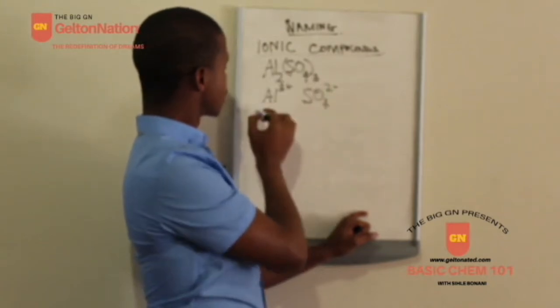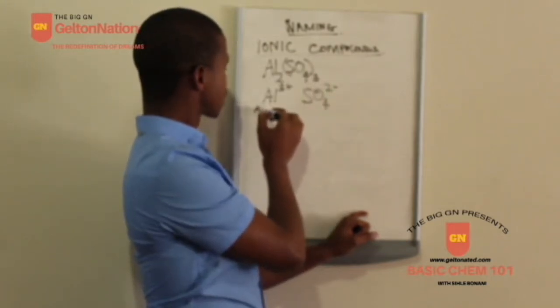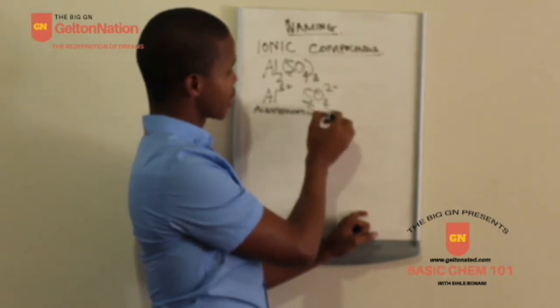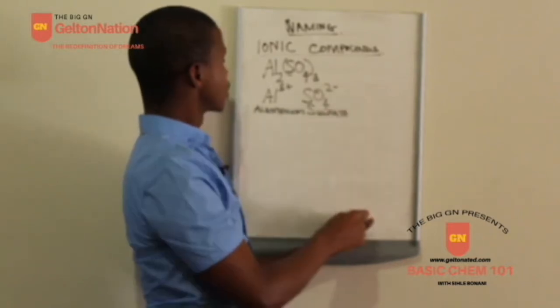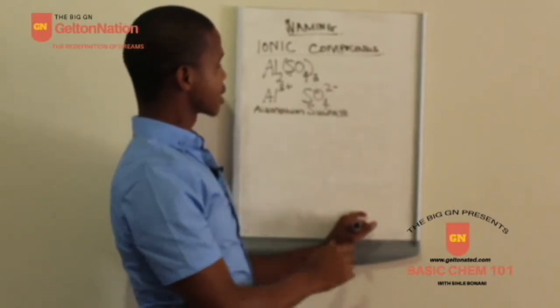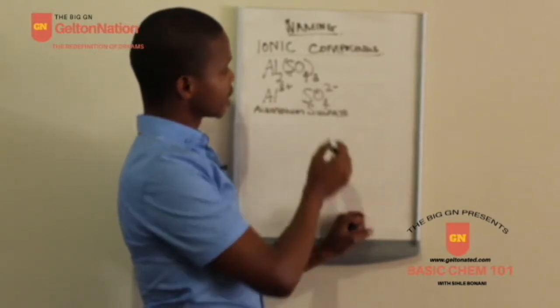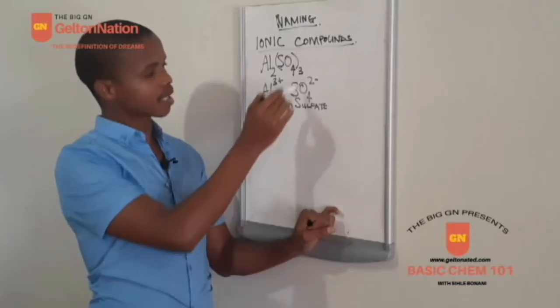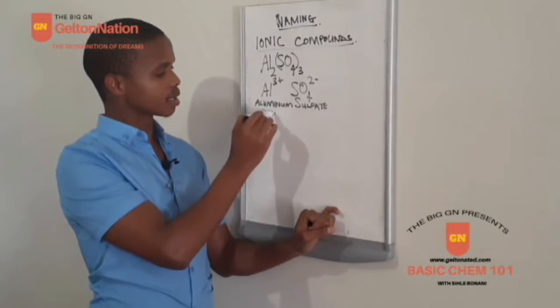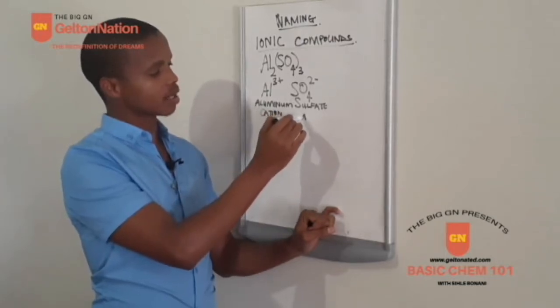So it's fairly easy like that. This is your cation, and this is your anion.